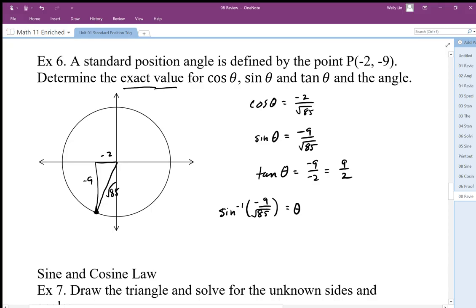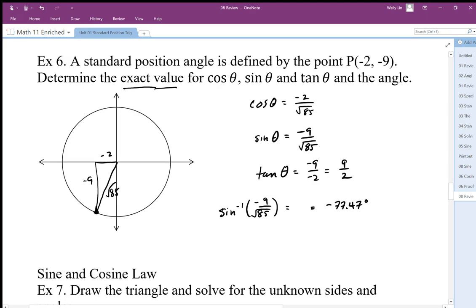At this point now, I have to rely on my calculator, so I can no longer keep exact values. So I'm going to second sine this value, or inverse sine, and I'm going to end up with -77.47 degrees.